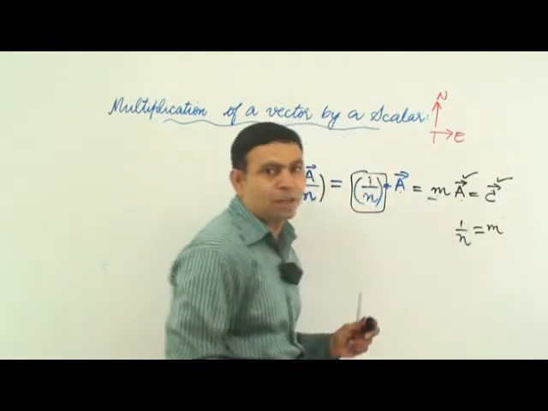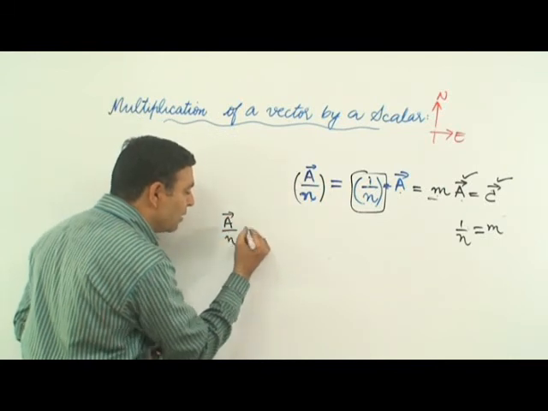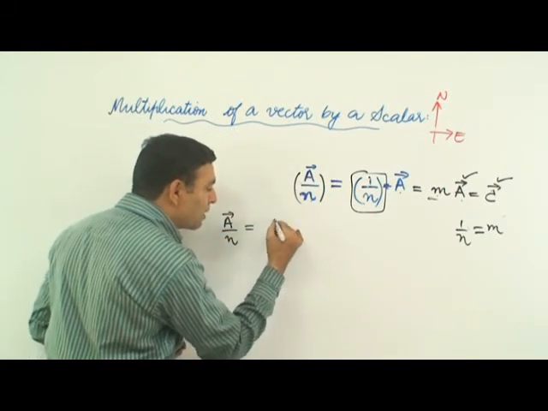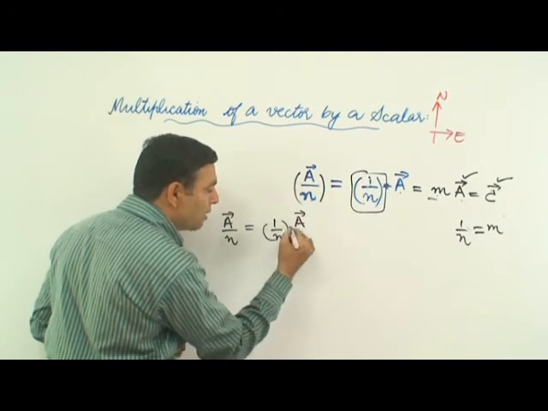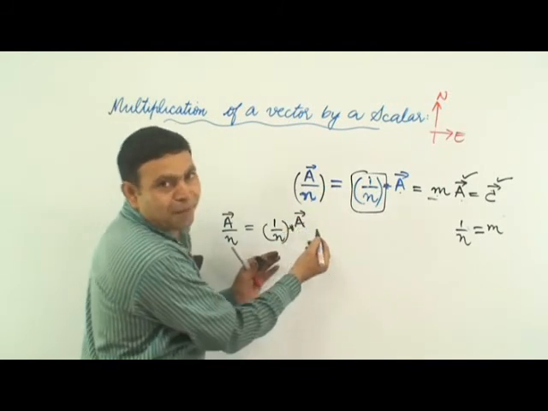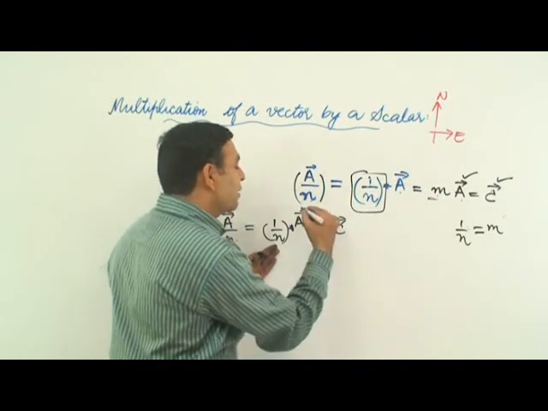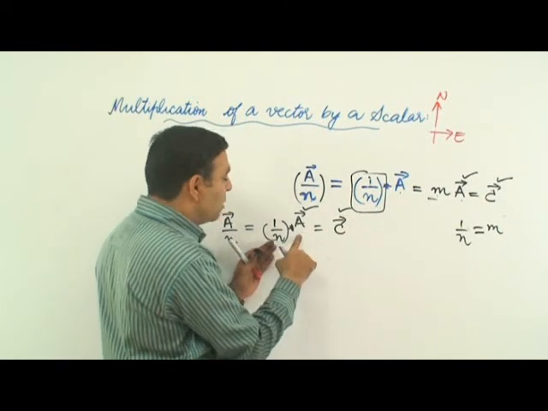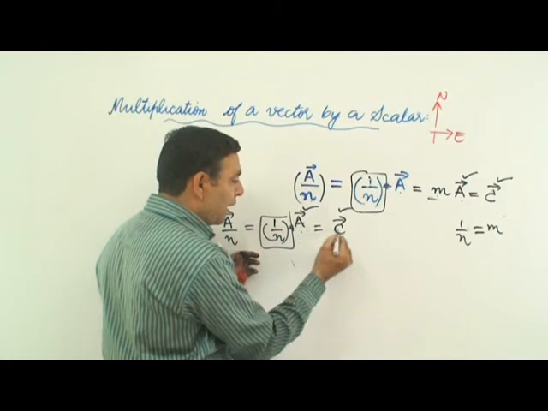So dividing a vector by scalar n is the same as multiplying the vector a by another scalar 1 by n. Obviously, multiplying a vector by scalar, you know very well you get another vector only, and these two vectors will be in the same direction provided this scalar is positive, and if this scalar is negative, a and c will be in opposite direction.